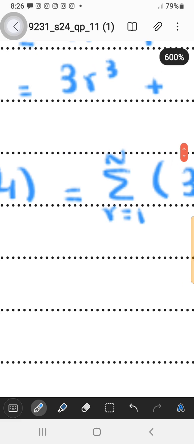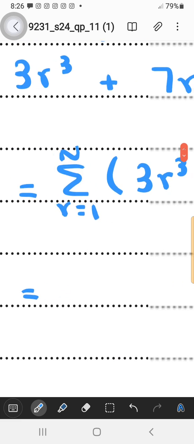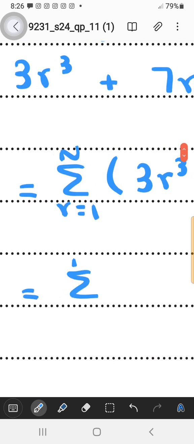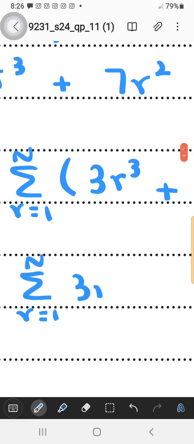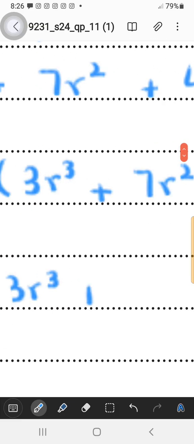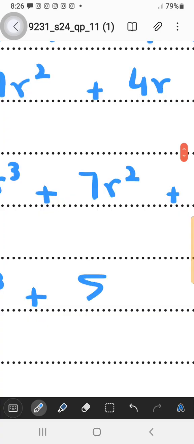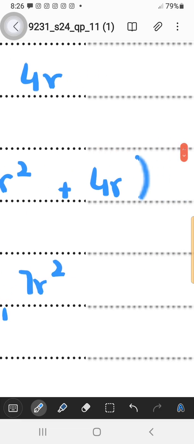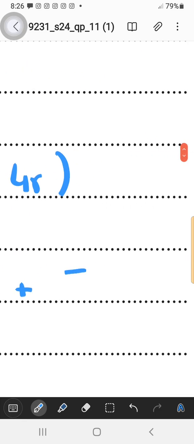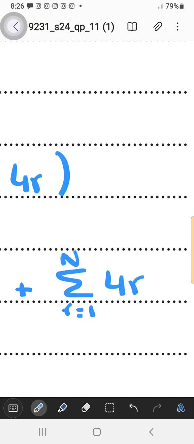We can also write this same as the sum of 3r cube plus the sum of 7r square plus the sum of 4r, with upper limit n and starting from r equal to 1.